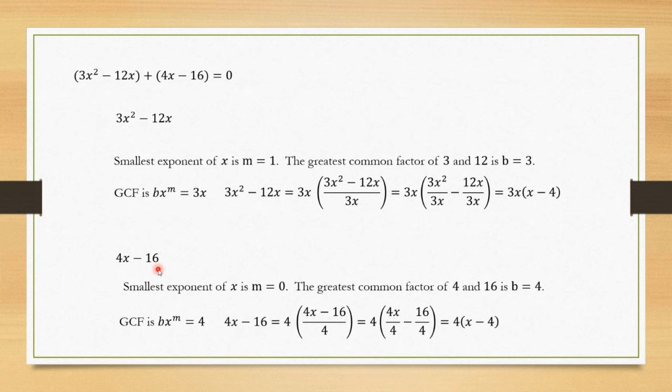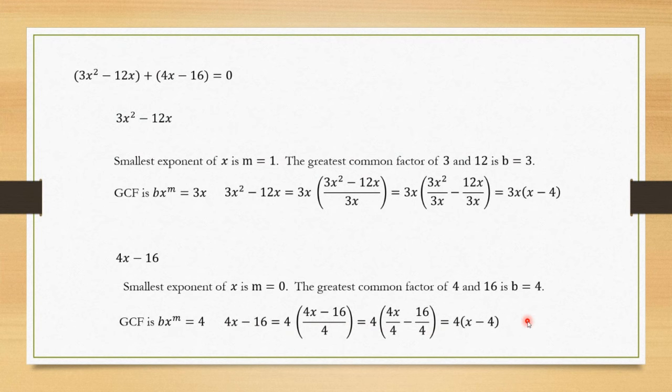In other words, the greatest common factor of 4 and 16 is 4 itself. So we factor 4 out. Doing so, our GCF is 4 times x to the 0, but that's just 4. So 4x minus 16 is this. We factor out 4, as you can see.